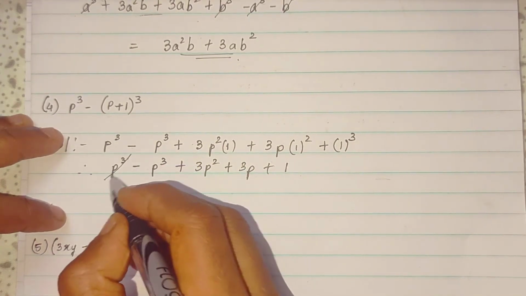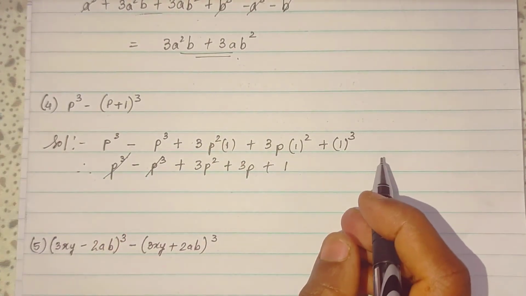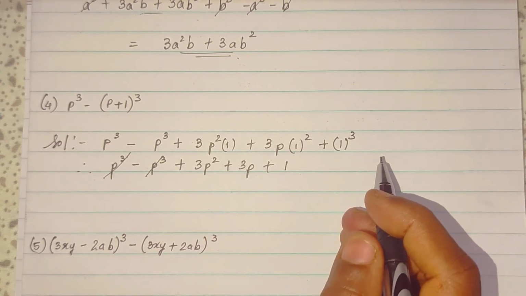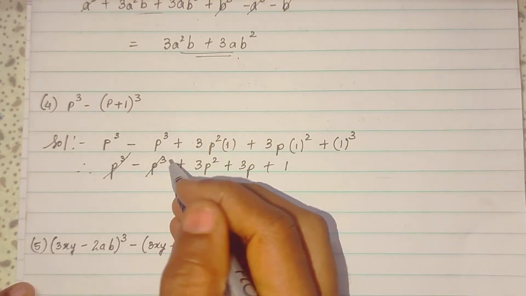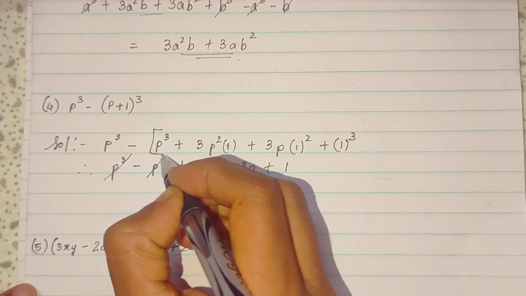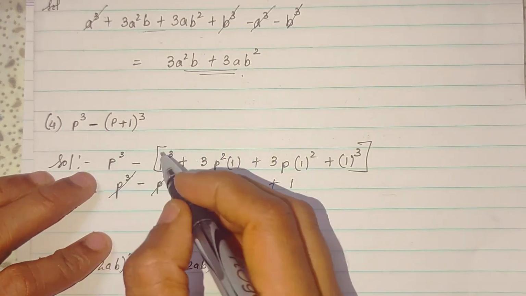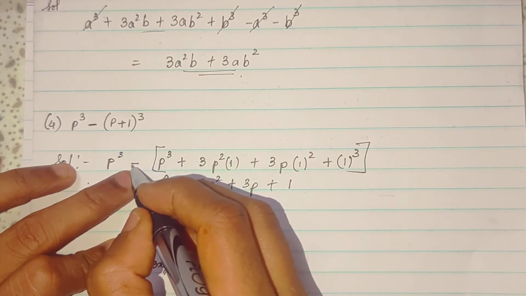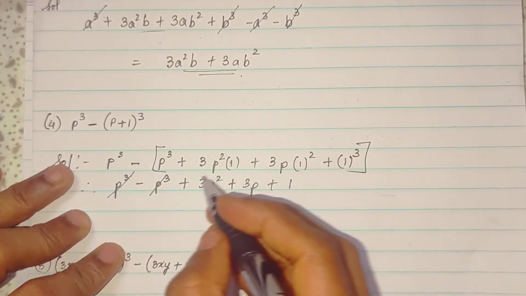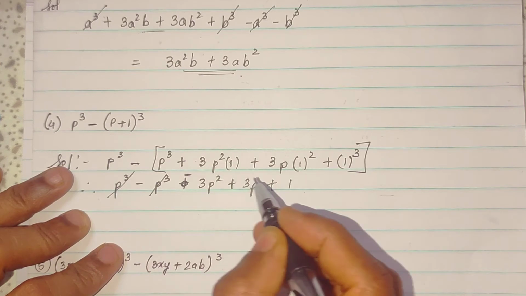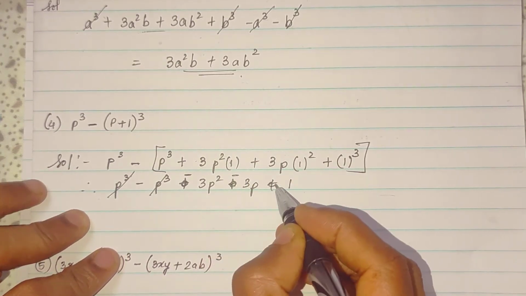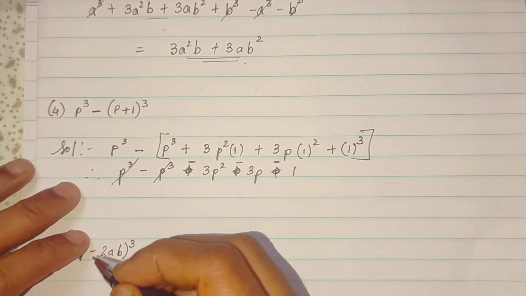So here only this and this will get cancelled. So final answer will be, see I did a little mistake over here. See there is a bracket, and as I have always said, whenever you have a bracket, sign changes. So all these signs will become minus. ये सारे sign minus हो जाएंगे. Okay.